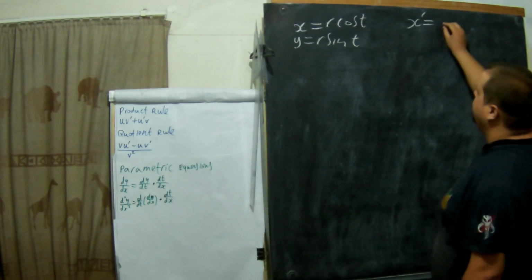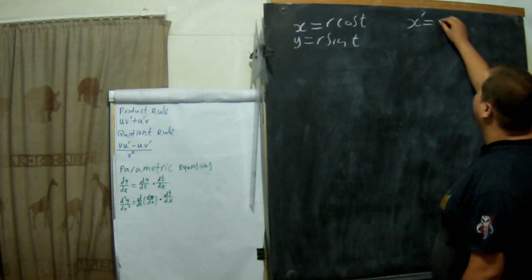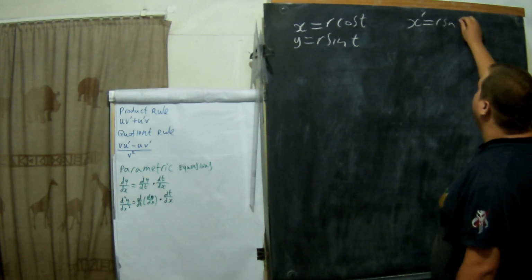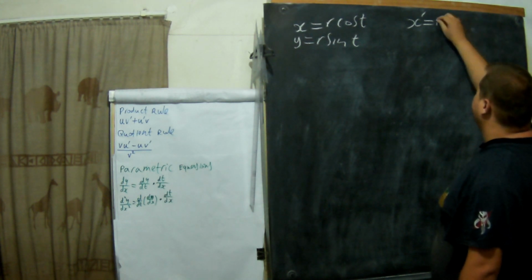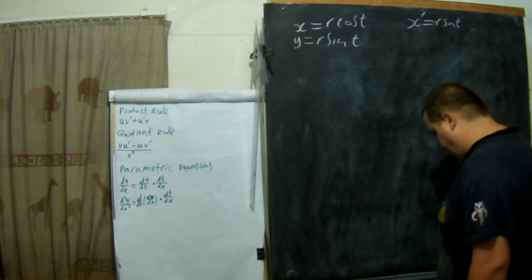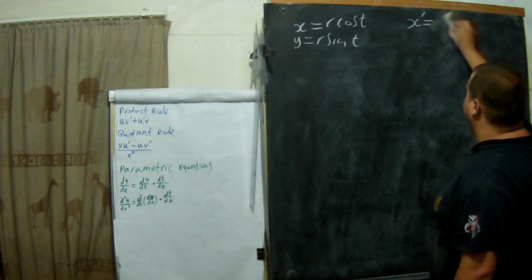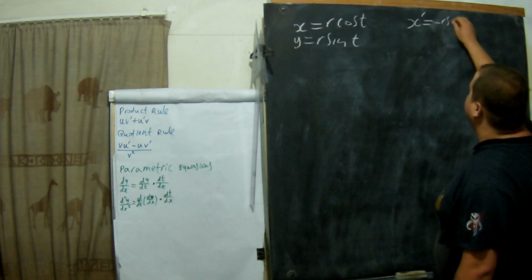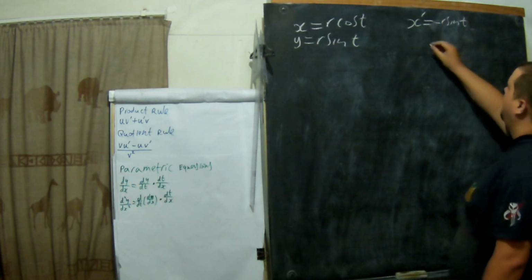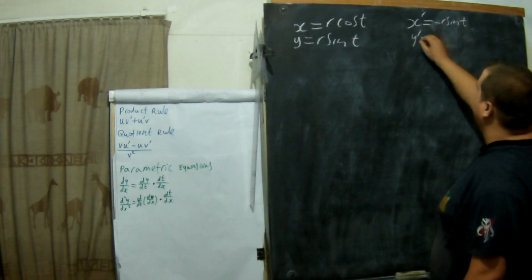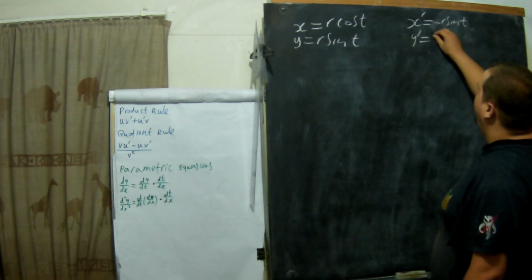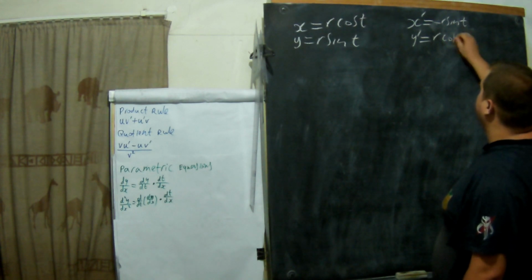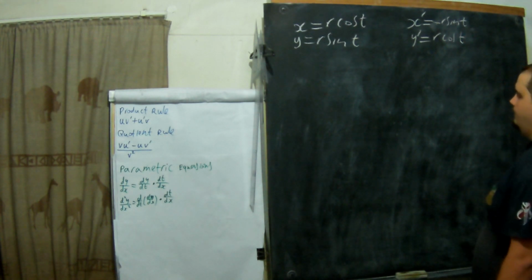The derivative of x is minus r sine t. The derivative of y is r cos t. Okay.